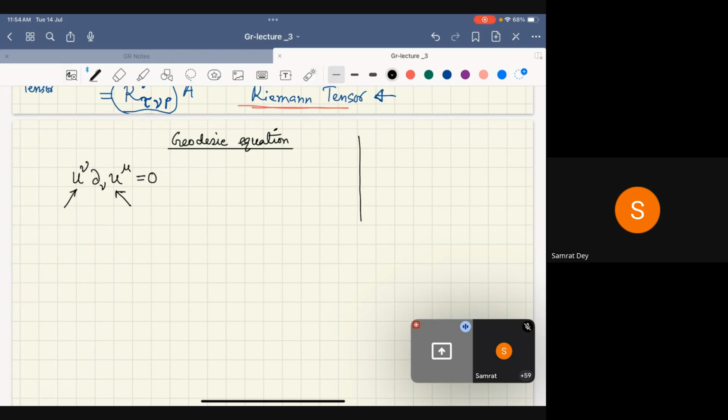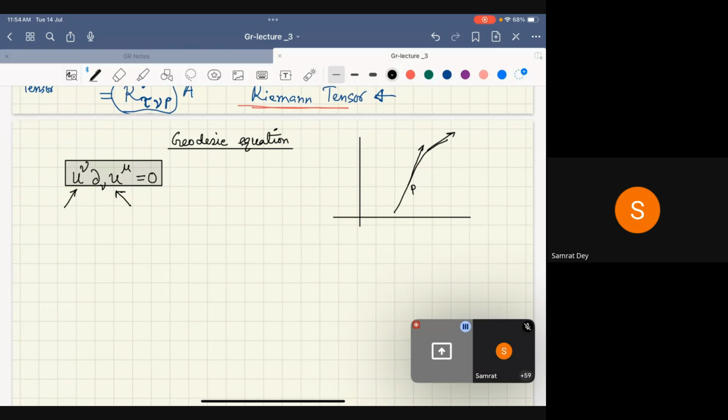If I draw the worldline of a particle, then at each and every point I can define a tangent vector, and then I ask how this tangent vector changes as I move ahead. Not to our surprise, in the special relativistic case the geodesic equation gives you 0, and that is expected because this is the simplest definition of a straight line.